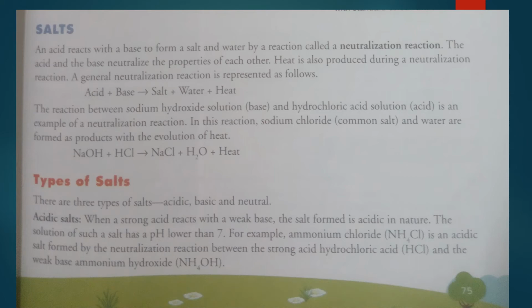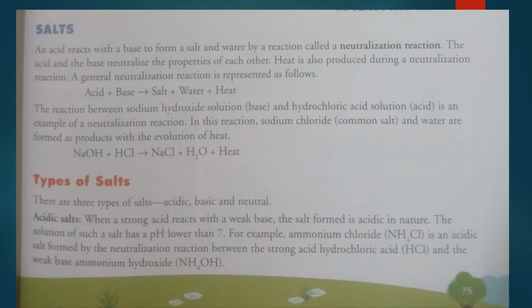For example, sodium hydroxide is a strong base, and hydrogen chloride or hydrochloric acid is a strong acid. When both react, then salt, sodium chloride, and water and heat are produced. So this is an example of a neutralization reaction.